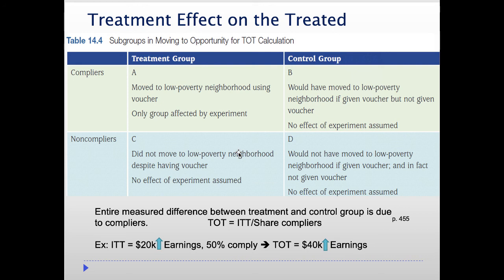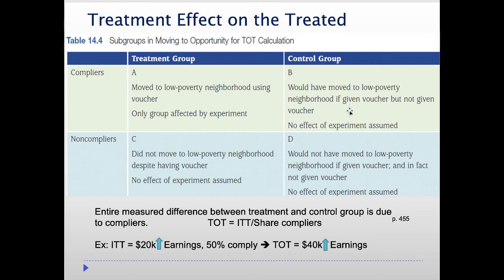Maybe they couldn't find a decent place without help. Maybe they couldn't find a place. Maybe they didn't want to leave their family, their schools, their friends, whatever. They didn't move. Okay? Now, because it's a randomized experiment, we know that the same subgroups exist within the control group.